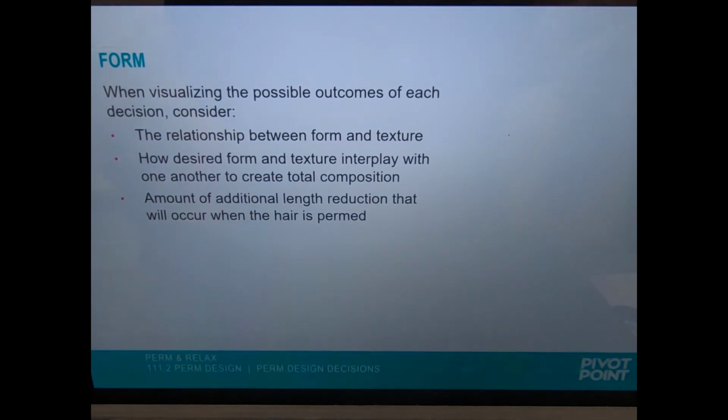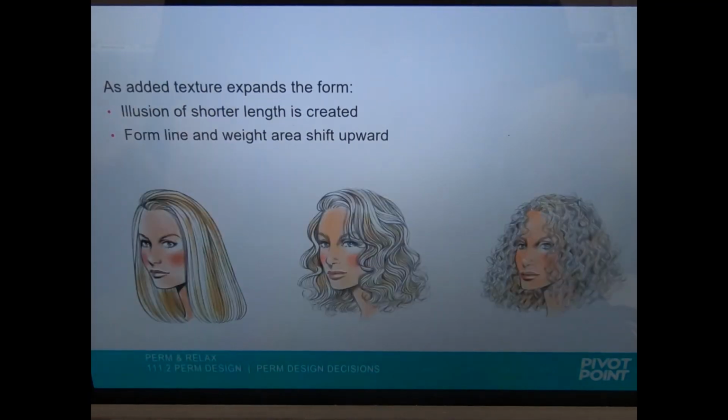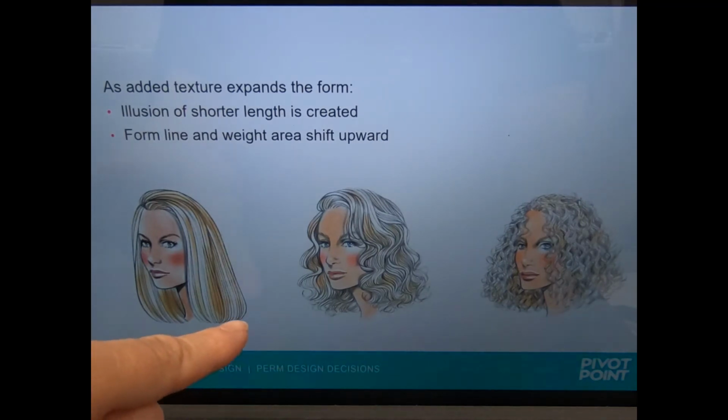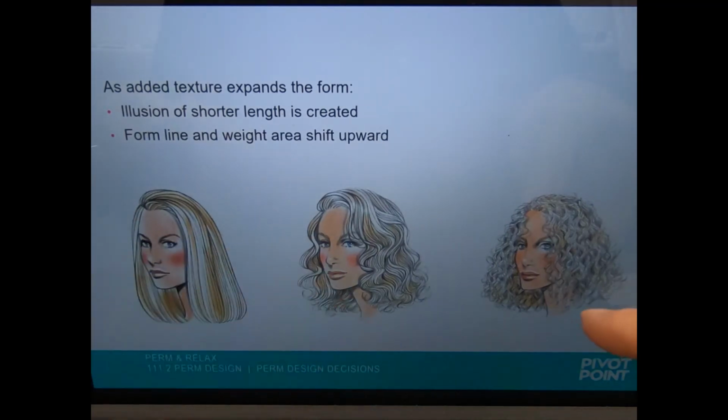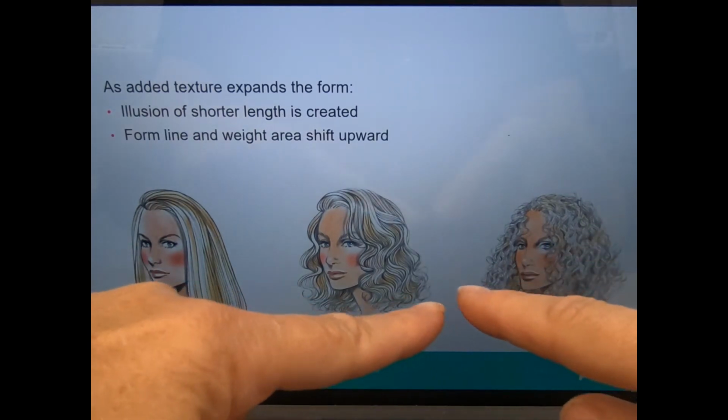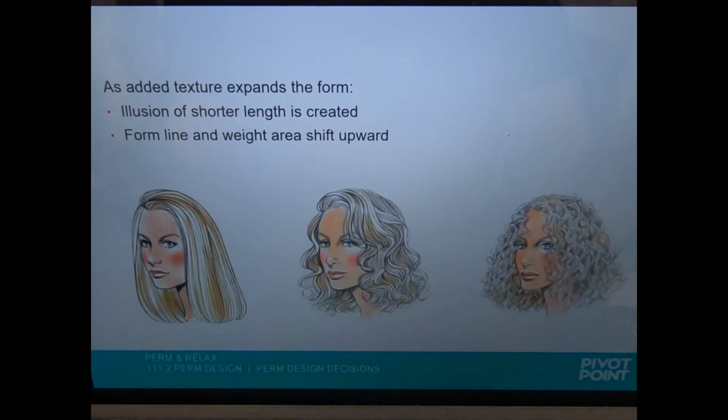Do they have a bob and I'm going to make them really wide, or do they have an increase, a 180, and it's just going to give them some texture, and how much the hair is going to shrink up when I perm it. Okay, and you can see a good example of this. You've got that length, then it gets a little shorter with waves, and then it gets shorter yet with curls. It also increases and expands in the horizontal line.